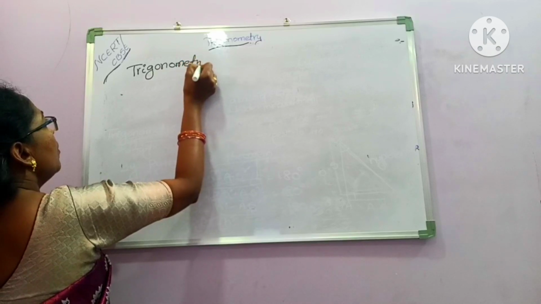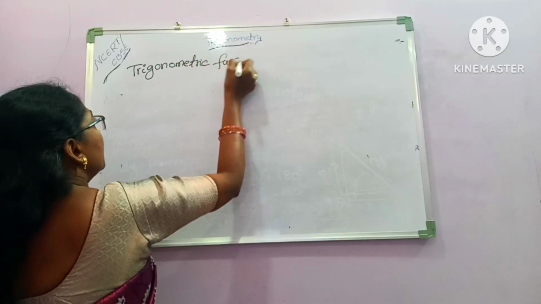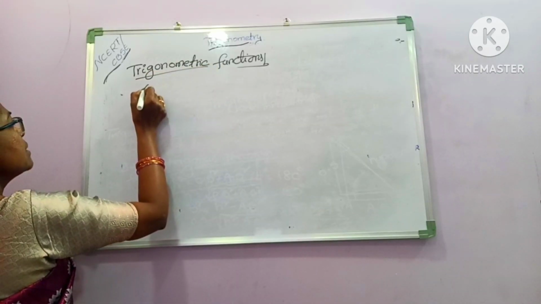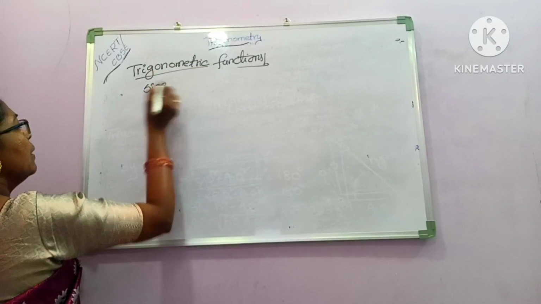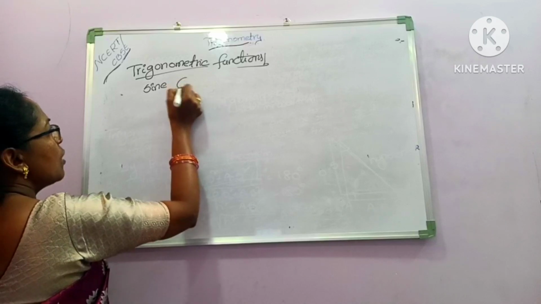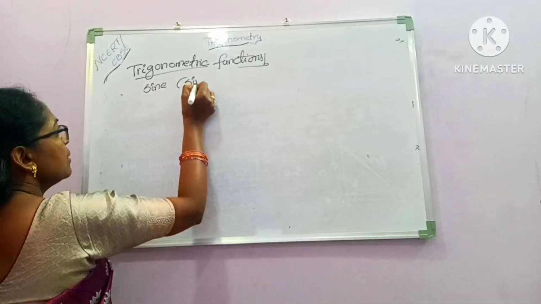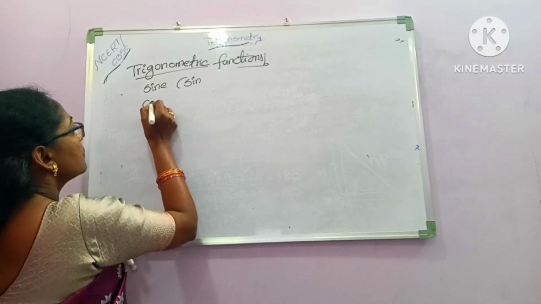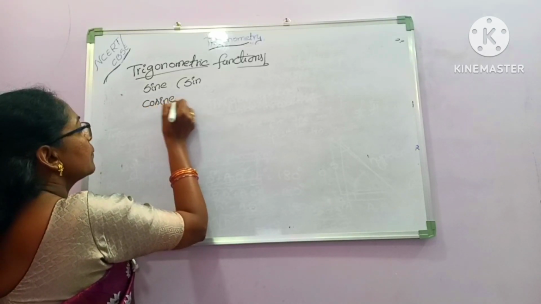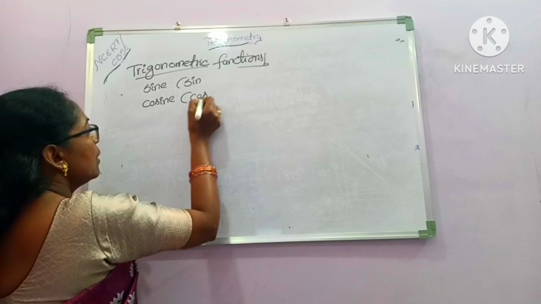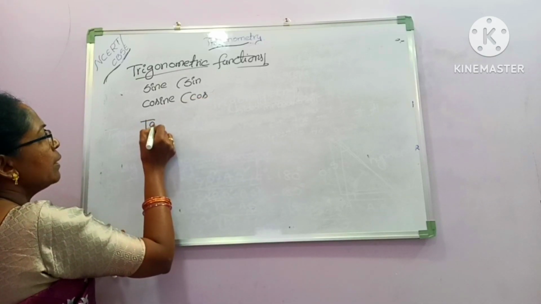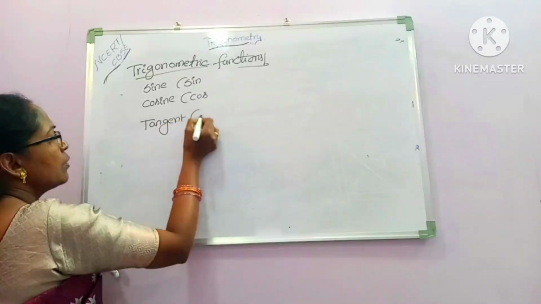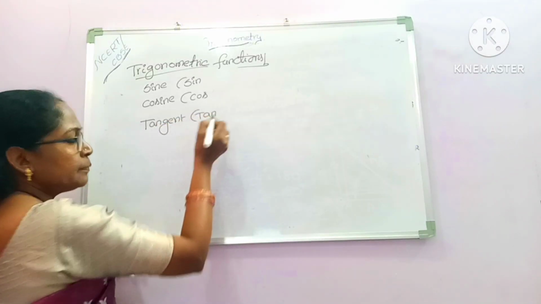Those 6 trigonometric functions are: first one is sine, in short form sin. Next one is cosine, in short form cos. Third one is tangent, in short form tan.